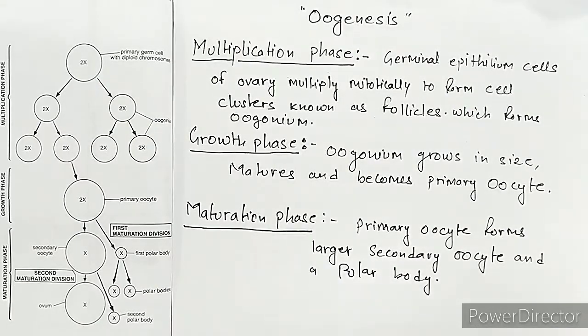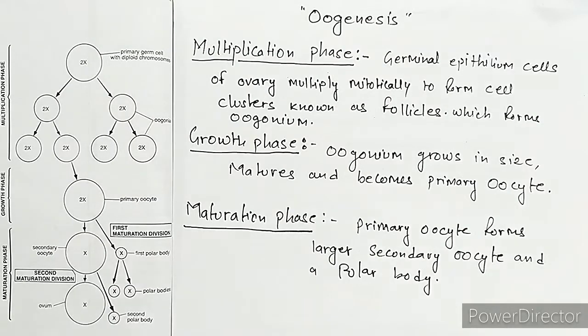The secondary oocyte is then carried down the fallopian tube by ciliary movements of its cells, and the second meiotic division does not happen. It remains suspended till the time of union of the male and female gametes.